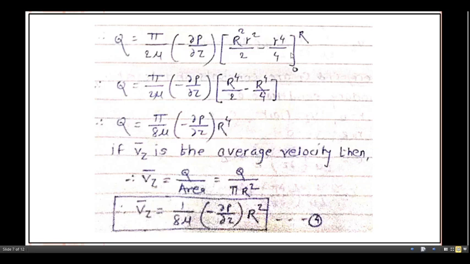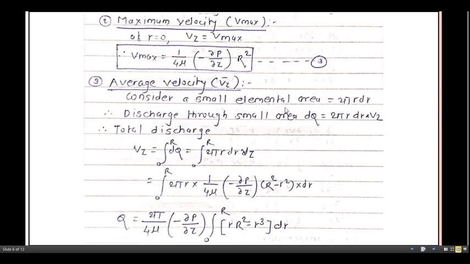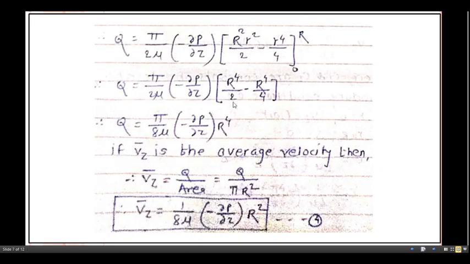By considering the limit, take the integration. The integration of r with respect to dr is r square by 2. So we get capital R square times small r square by 2 minus r raised to 4 divided by 4. If you substitute the value for small r as capital R, you can get R raised to 4 by 2 minus R raised to 4 divided by 4.